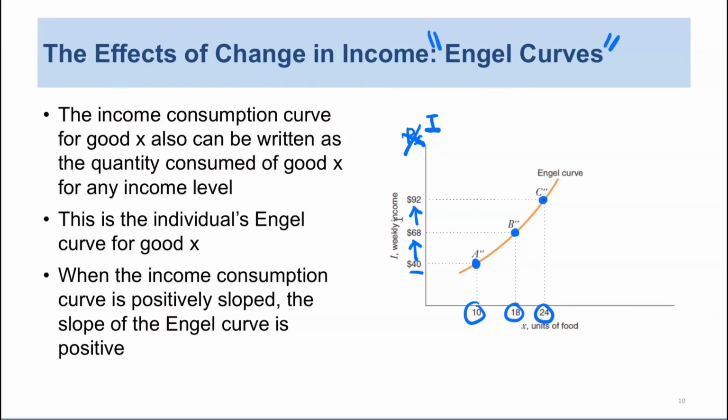Like the way we derived the demand curve, which is the combination of given price of X and utility maximizing bundle X, the Engel curve is just the combination of given income and utility maximizing consumption of good X. So in this example, this Engel curve is positive.